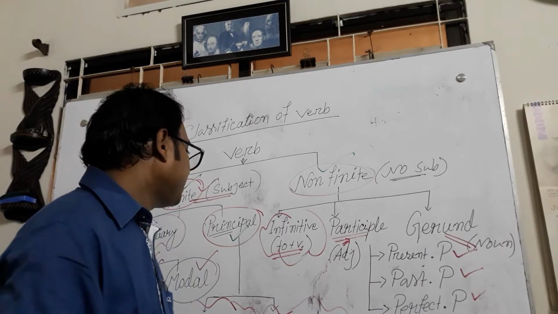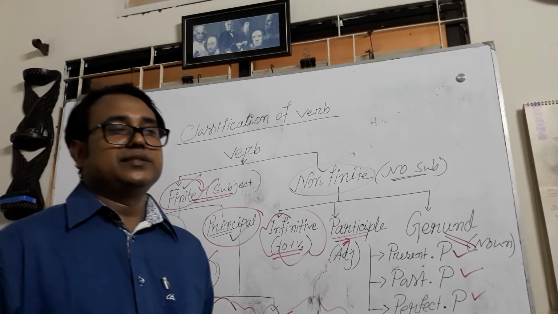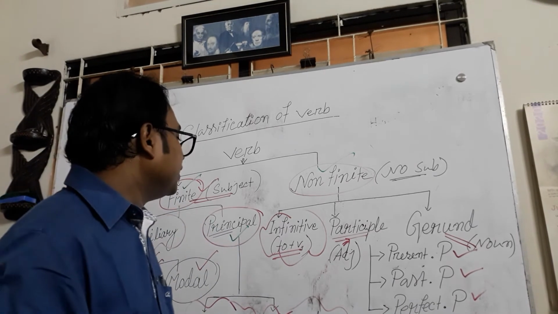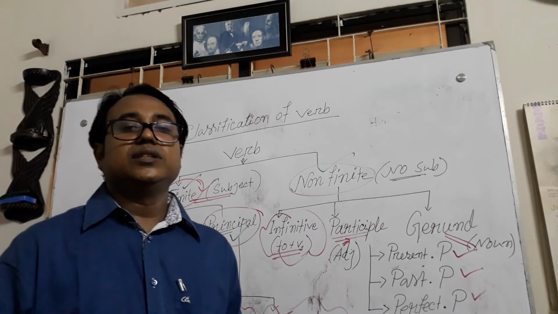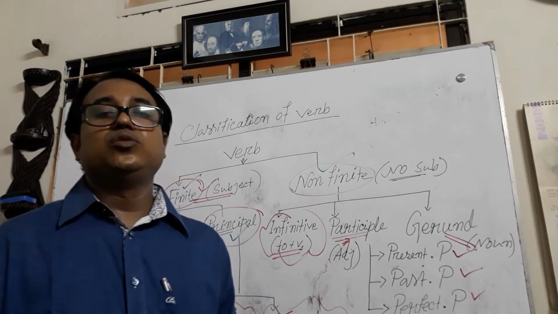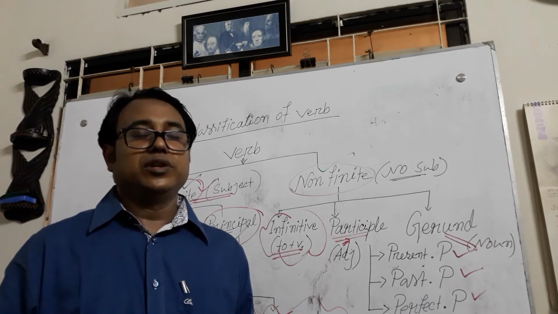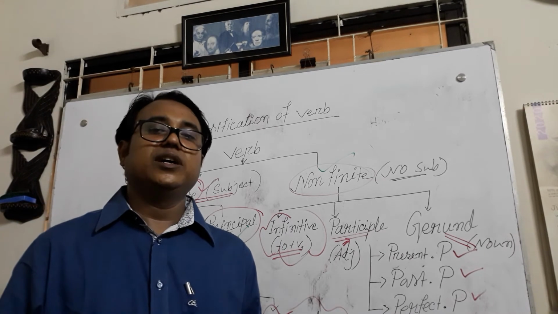That is infinitive, participle and gerund. Come to the main point. How can we identify the infinitive? Actually, infinitive means to plus the base form of the verb, or you may say to plus the present form of the verb.